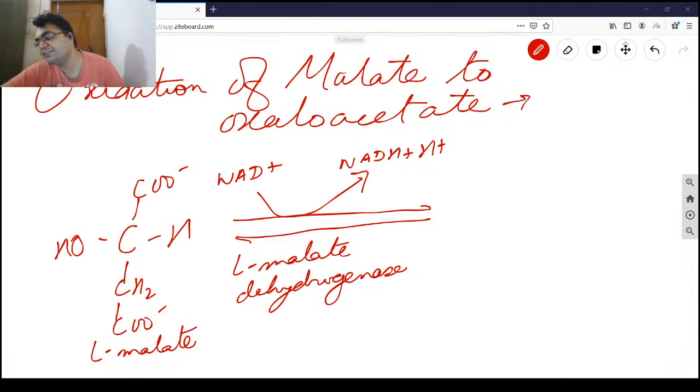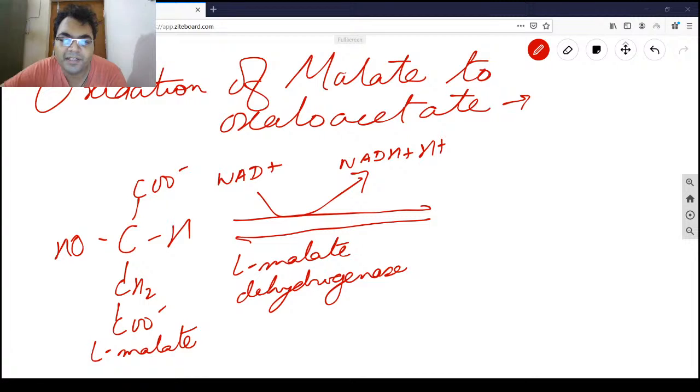So 2 NADH molecules have already been produced, one FADH2 has been produced, and now this third NADH molecule is being produced in the oxidation of the last molecule, malate to oxaloacetate.